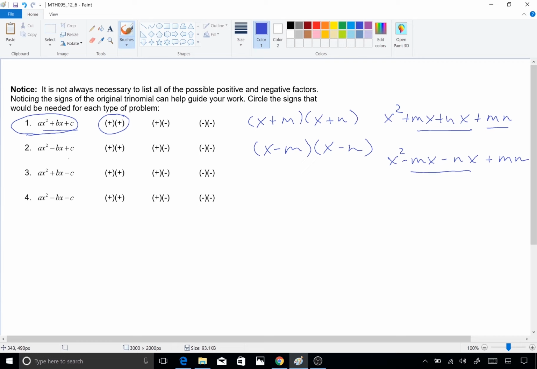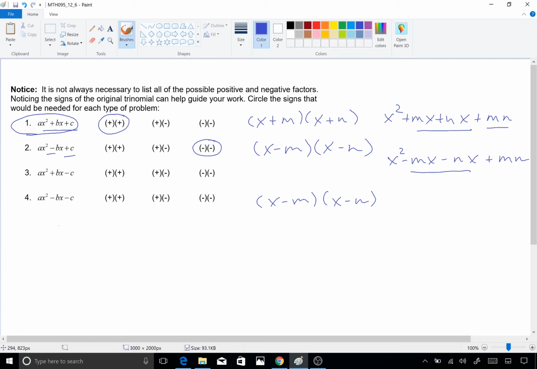Similarly, if this term is positive and this term is negative, it must be in the form x minus m times x minus n. The only way c can be negative is if you multiply a negative times a positive.